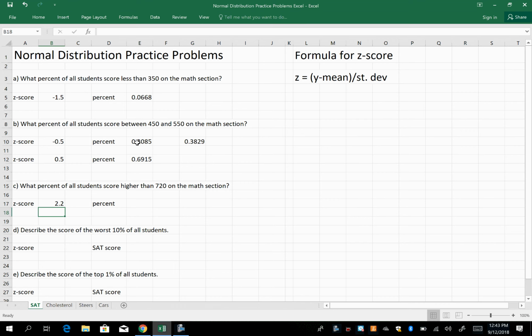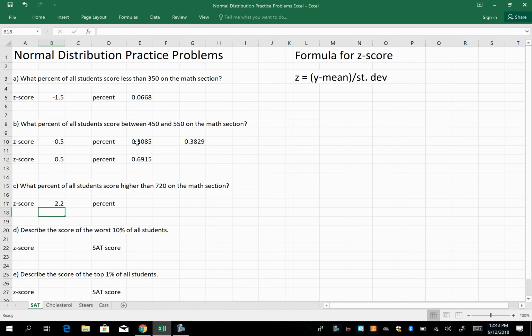And it says, what's the probability? What's the percent that they score higher than that? What way am I shading for higher than 720? To the right. But guys, Excel can only do what? To the left. So we're going to do to the left, and then we're going to do 1 minus that.